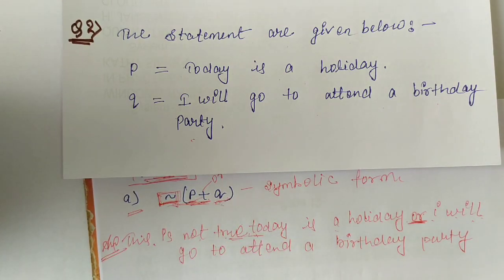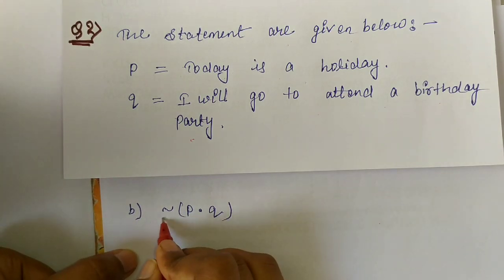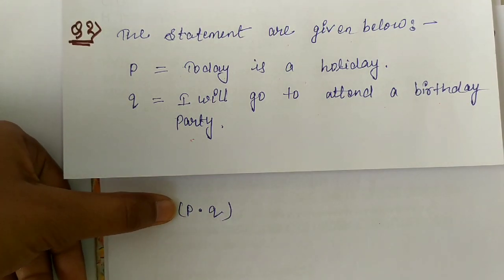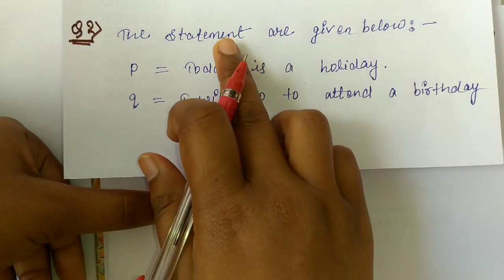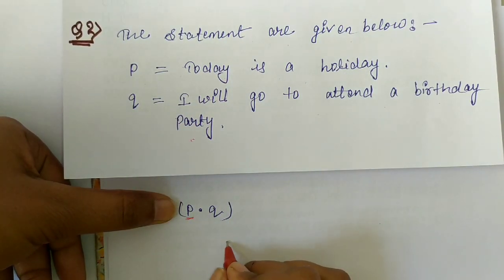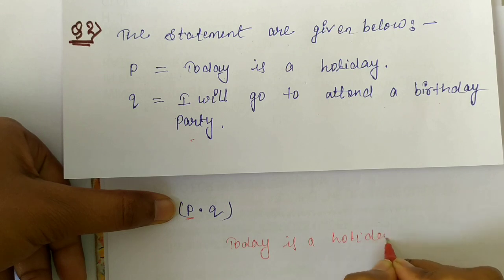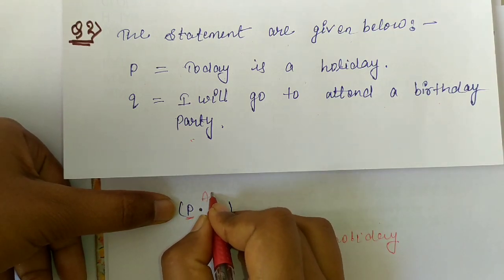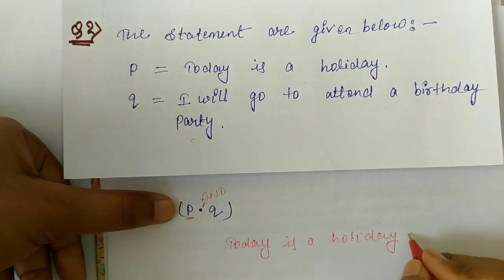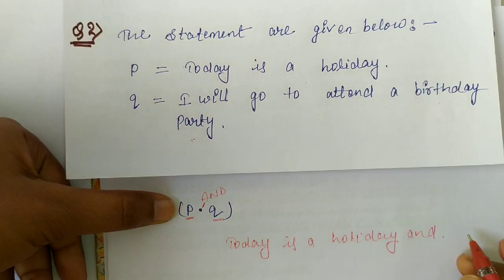So the next question is this. Again there is a not, so we hide this not. Firstly we write P and Q. The value of P is today is a holiday, so we write today is a holiday. This is the sign of and. And Q. The value of Q is I will go to attend a birthday party.